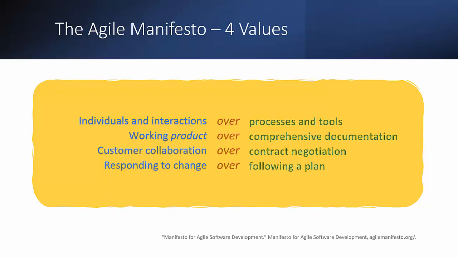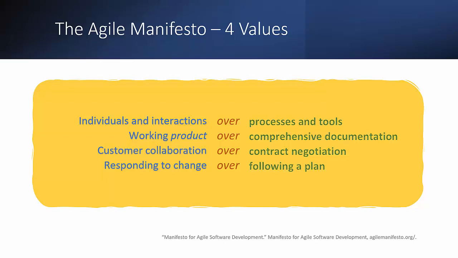And thereby, you will understand that reacting to this evolving need, meaning responding to change, is another important element of agility. Therefore, responding to change is valued over following a predetermined plan. The plan needs to adapt to the evolving changes of the customer.